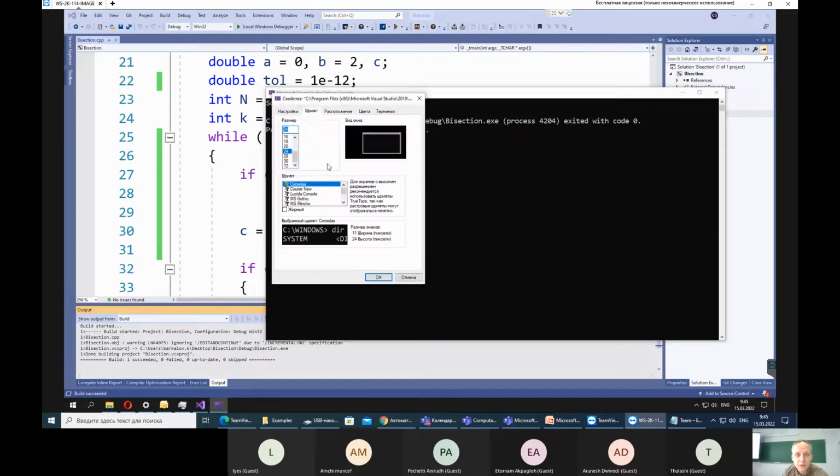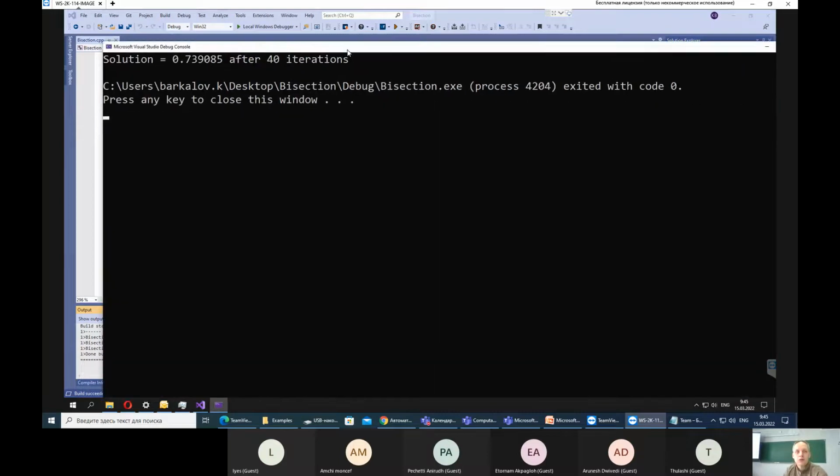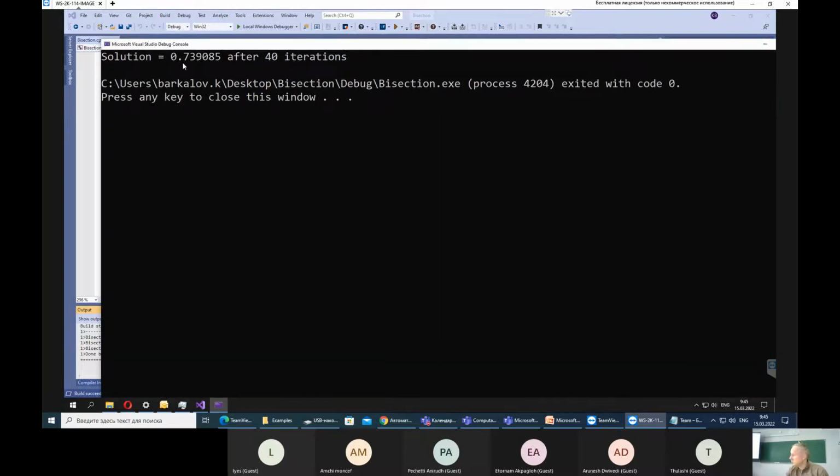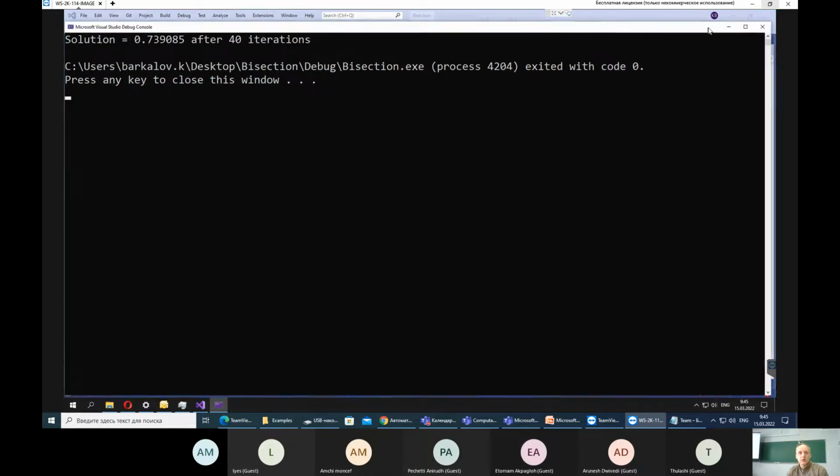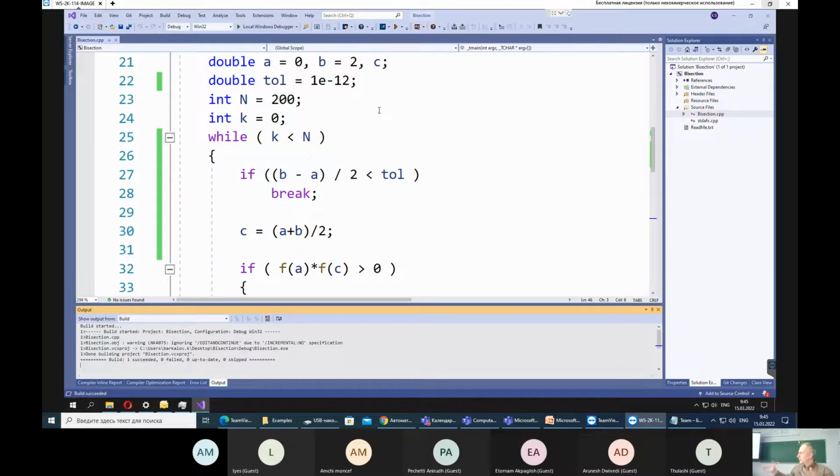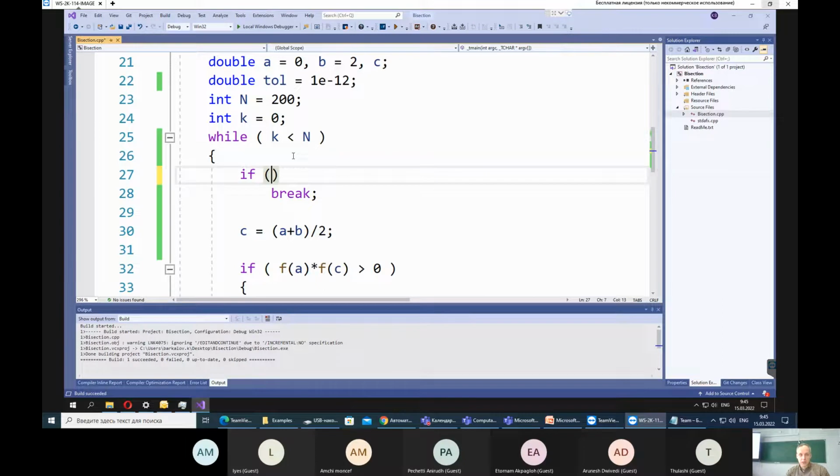Let me increase the font. The solution is 7.38, and we get it after 40 iterations. So we should repeat this process 40 times. But again, this condition I can write here.